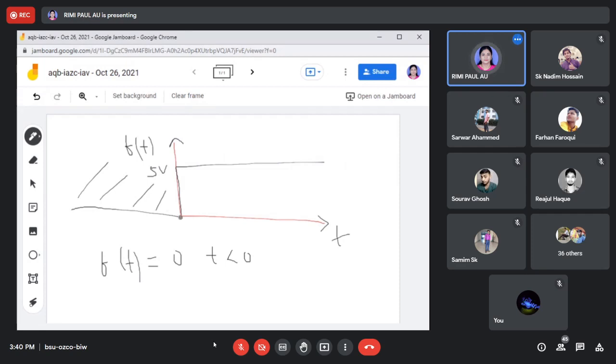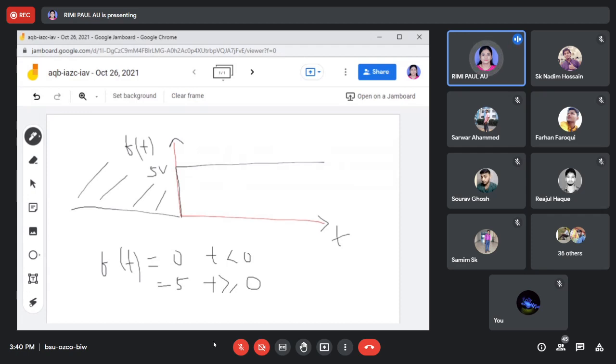So t less than 0, there is no function. So f(t) is 0 at t less than 0, but f(t) is 5 for t greater than or equal to 0, because at t equal to 0 it is 5. After that it is constant. So we can write t greater than or equal to 0, it is 5.